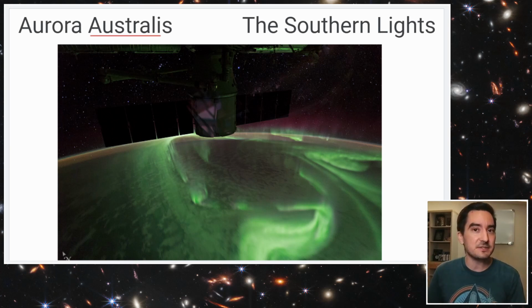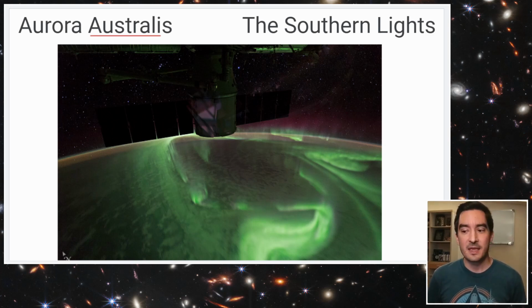Maybe you can see this in some places in Australia, okay? Now, Aurora Australis is a hard thing to say. Aurora Australis. I'm having trouble too. So, another name for this one is the Southern Lights. It's in the south of the Earth, so the Southern Lights.